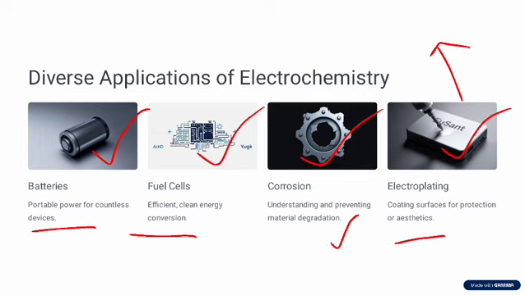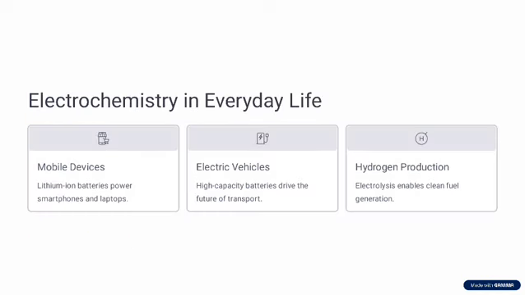They can also be made portable, so you can use them in your mobiles and other devices. Lithium ion batteries power smartphones and laptops, because their consumption rate is very slow, so they can be used for a long time. And electric vehicles also use high capacity batteries to drive the future of transport.